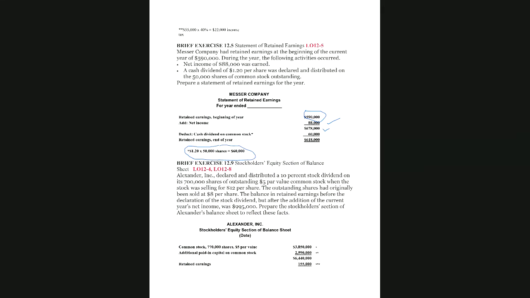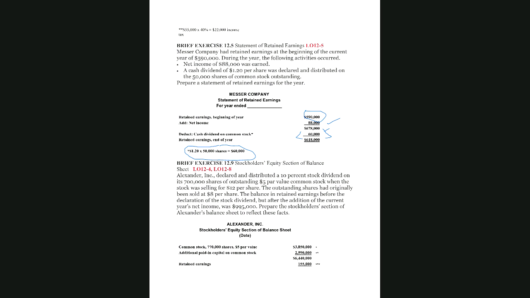Always remember, regardless of what type of dividend it is, whether it's a cash dividend or a stock dividend, whether it's a dividend on preferred stock or on the common stock, all dividends reduce the amount of retained earnings. We're told all this information. We just have to figure out how to calculate the retained earnings.